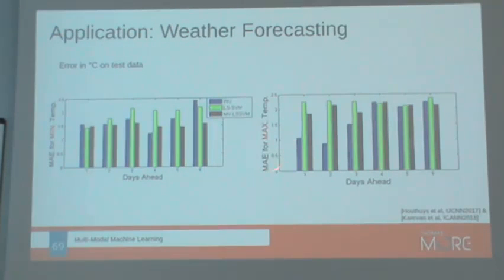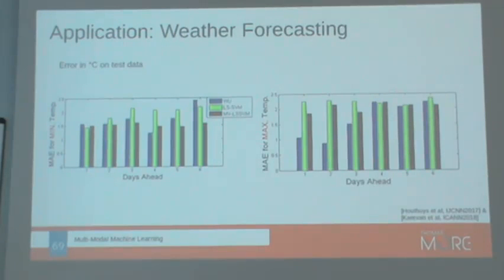The only thing here is that you can see that Weather Underground is in the beginning much better, which actually makes sense because it doesn't only use machine learning, it also uses all these physical characteristics, so we expected it to be better. We were surprised by this result. But what you can see is that in the beginning it's better, but in the end we are actually able to improve it. So that's also what you probably noticed already. If you ask Google the temperature of tomorrow, it will do it quite well. If you ask it 6 days ahead, it might work less well. So we're actually able to improve there.